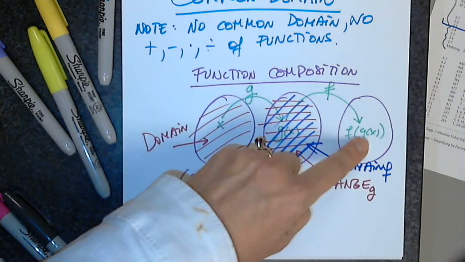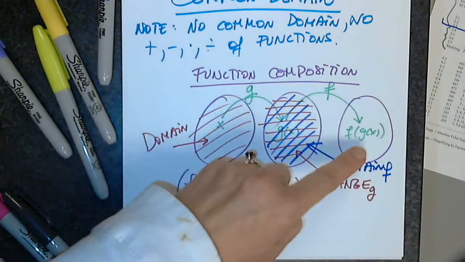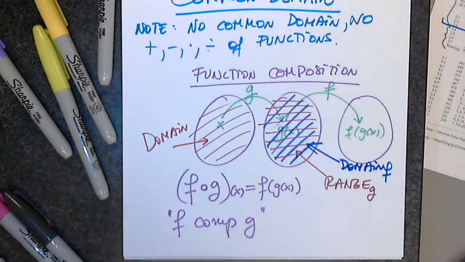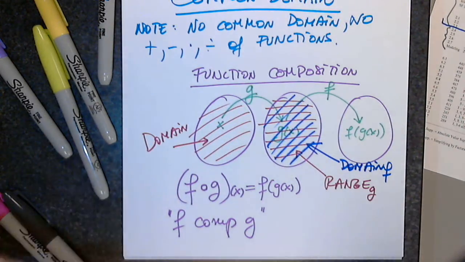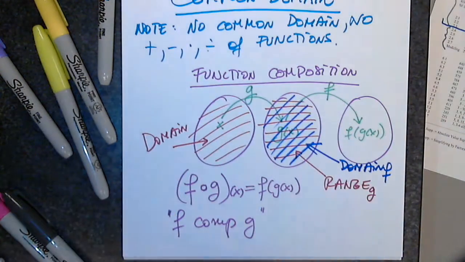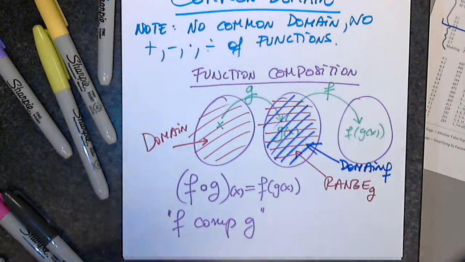So I cannot apply f to 5, so I can't get here. So the problem here is different for the function composition. If, quote unquote, the range of g and the domain of f do not work well together, then the function doesn't exist for those values.